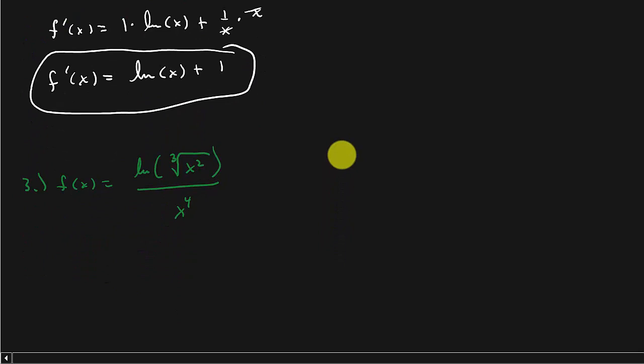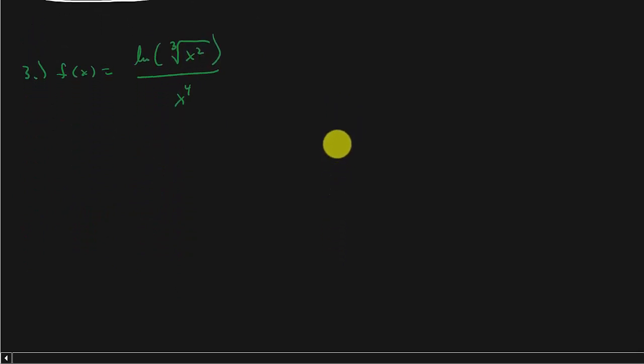So far, easy, right? All right, let's look at this one. Okay, so we could take the derivative of this. Well, of course, we're going to need to use the quotient rule. But let's see if maybe somehow we can simplify it a little bit, make it a little bit easier on us to take the derivative.